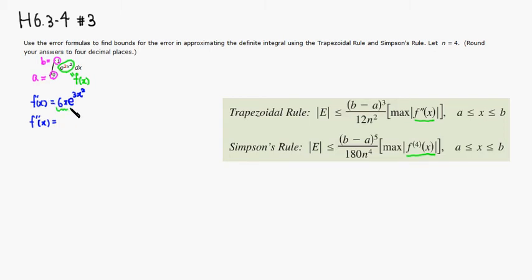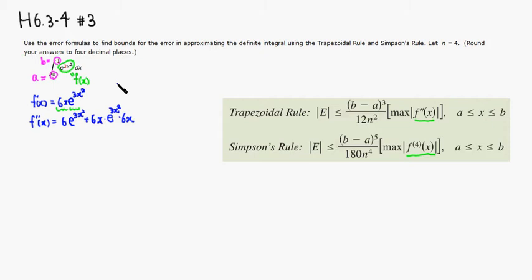Here's the first guy, here's the second guy. The derivative of the first guy is 6 times the second guy, e to the 3x squared, plus the first guy, 6x, times the derivative of the second guy, e to the 3x squared times 6x.